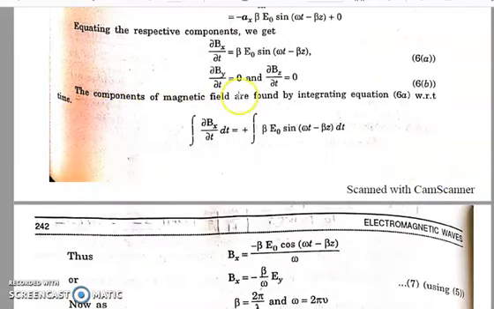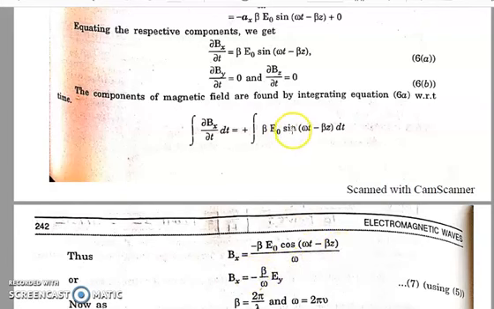Now the components of the magnetic field are found by integrating equation 6a with respect to time. Integrating both sides of this equation with respect to time gives you Bx is equal to minus beta E naught cos of omega t minus beta z divided by omega.